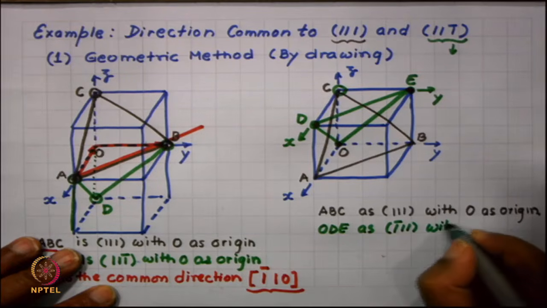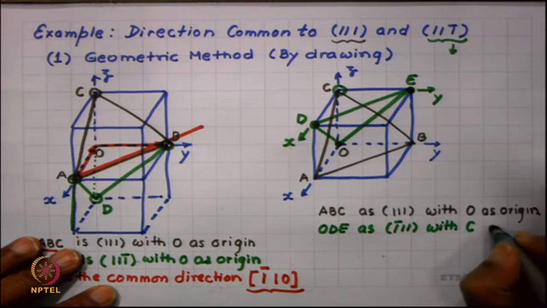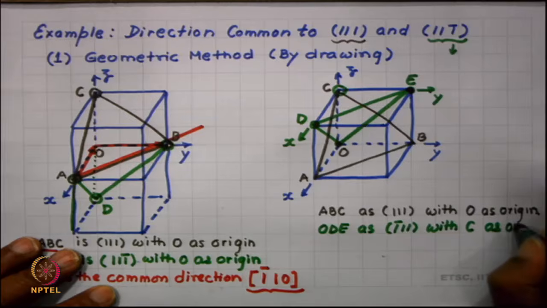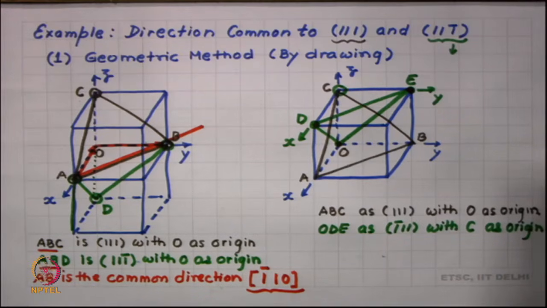Now, the origin is shifted with C as origin. But what about the line of intersection? Well, this requires a little bit of seeing.